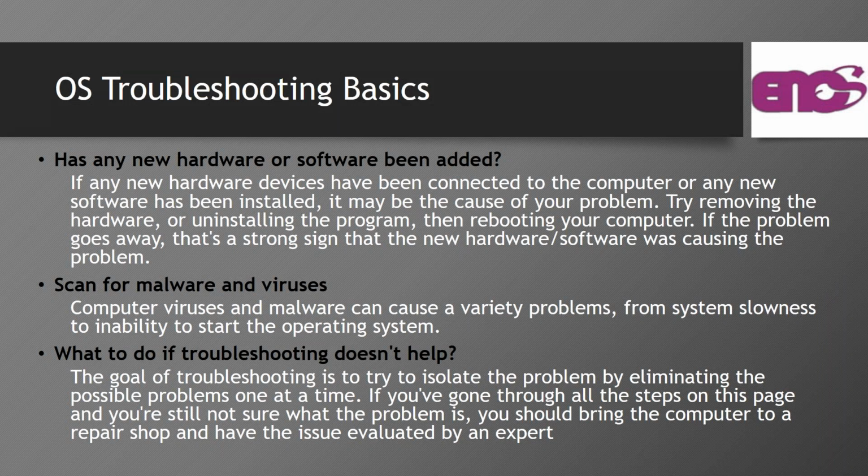Another thing we also look at is, has any new hardware or software been added? Now, when someone complains that his system is having issues, the first question I ask the person is, what was the last thing the person did? What was the last application that the person installed? What was the last hardware that the person replaced?